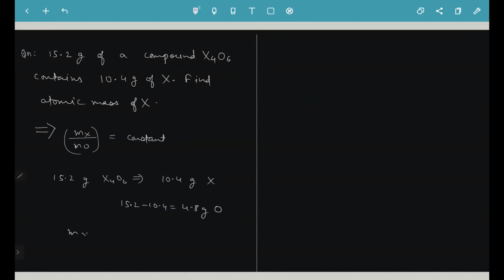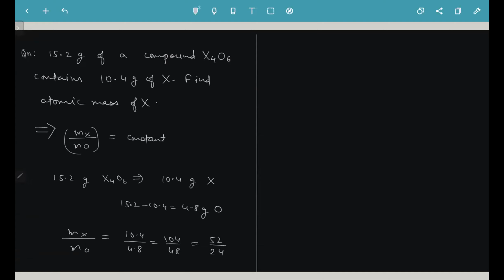The ratio of mass of X to mass of oxygen comes out to be 10.4 by 4.8, 104 by 48. You can also find out this ratio, this 52 by 24.